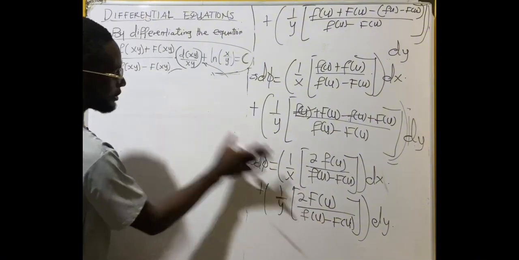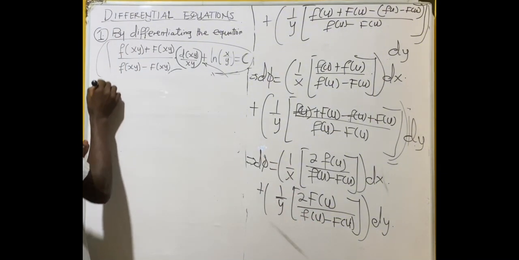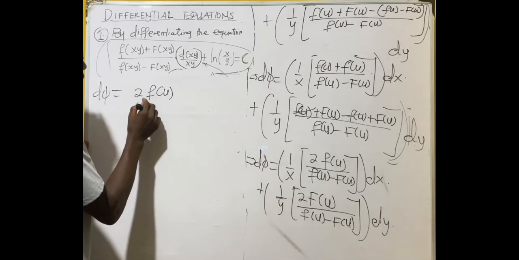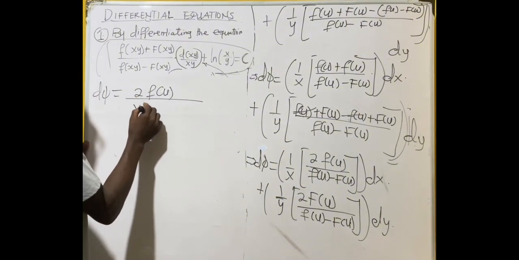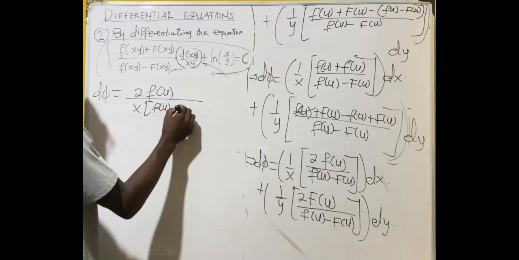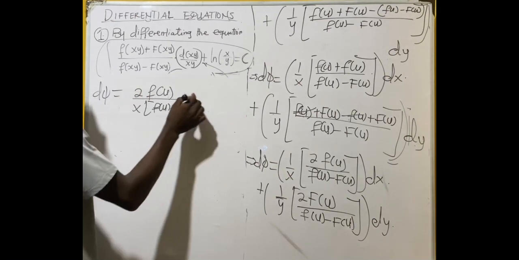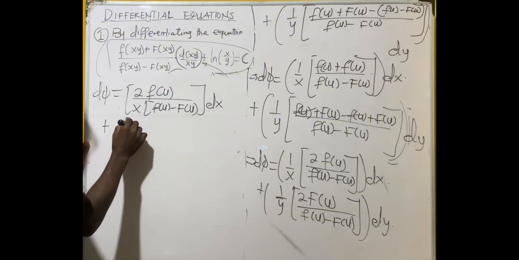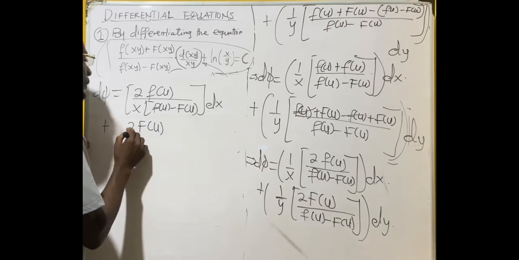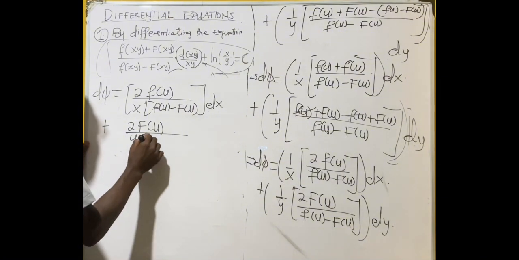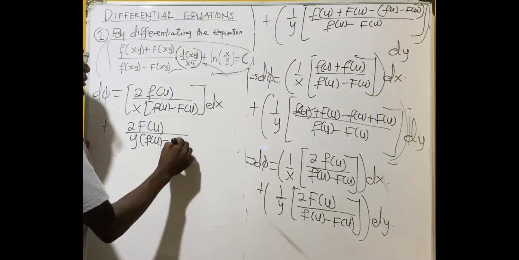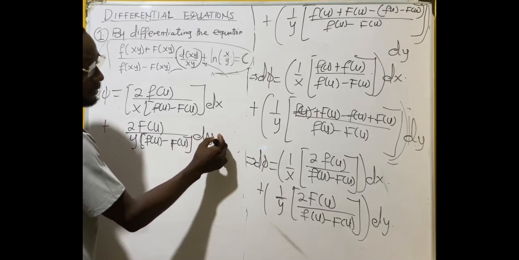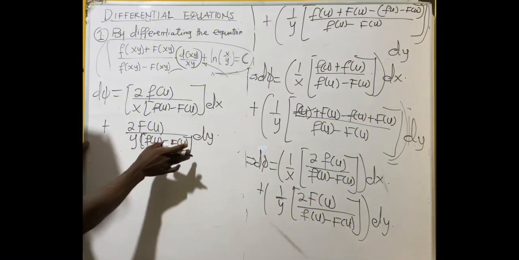Let's try to write this expression here. So our differential now becomes 2 times small f of u all over x into small f of u minus big F of u, times dx, plus 2 big F of u all over y into small f of u minus big F of u, dy.